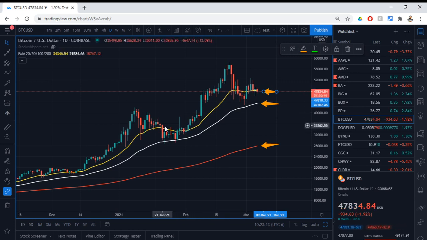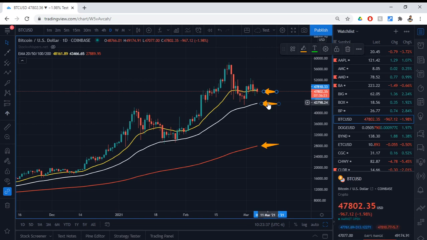Okay, great. You might want to use a 20-day moving average to determine where you enter a trade. The 50-day moving average is more for swing traders, people that want to take the trade and stay a little longer in the trade.